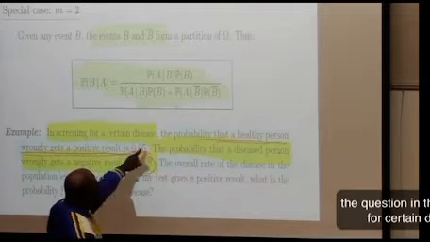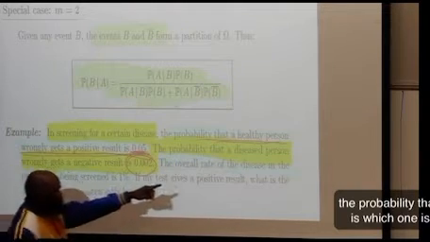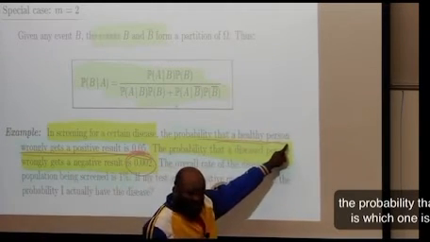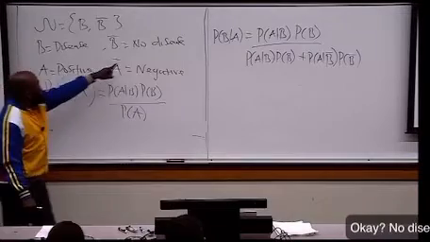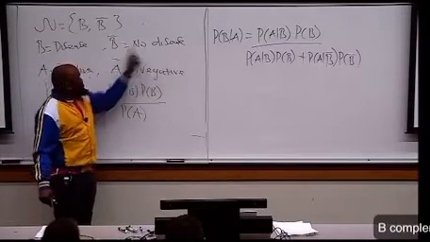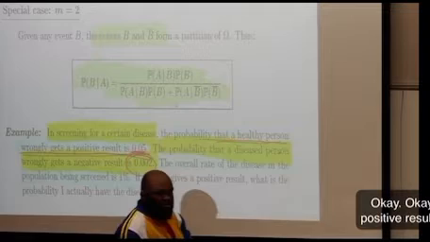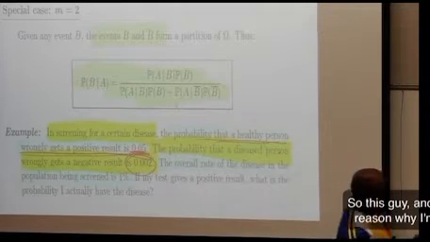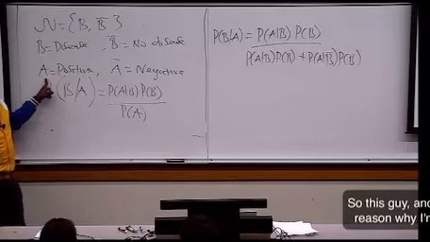In the screening for a certain disease, the probability that any person, which one is the any person? No disease, right? B complement. A healthy person gets a positive result. So B complement and A. Do you see that now?